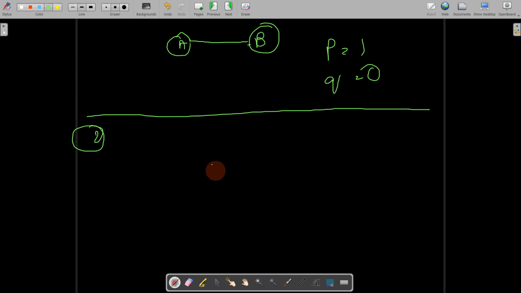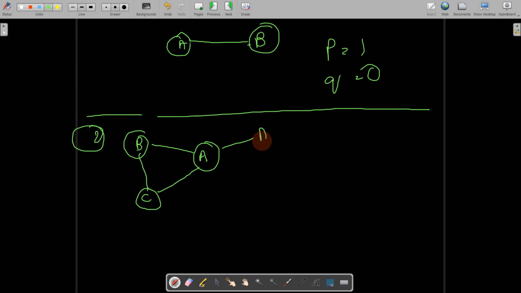Let us go with this graph. A, this would be B, A, B, C, D, E. So let us see.